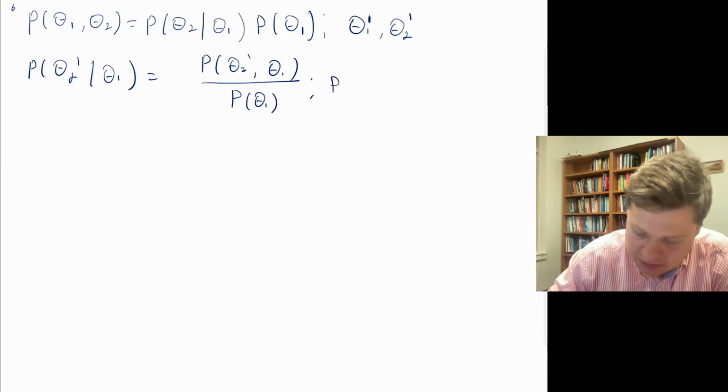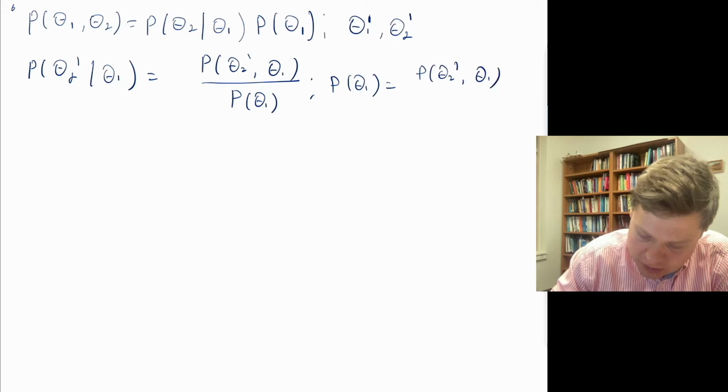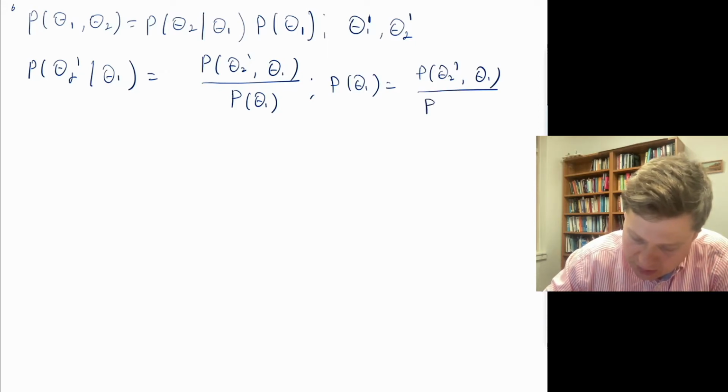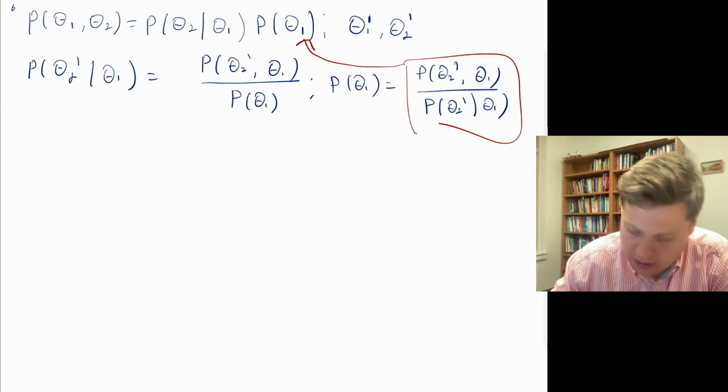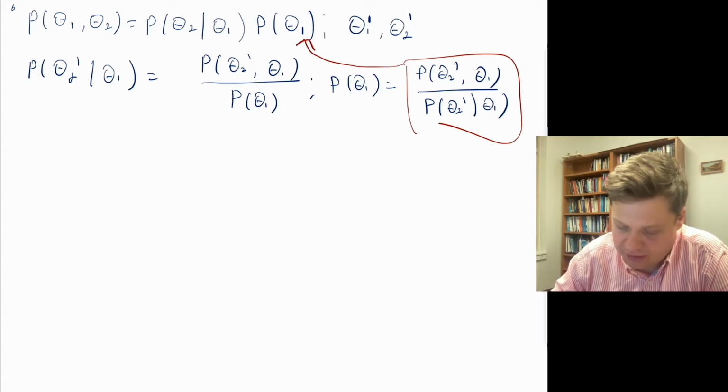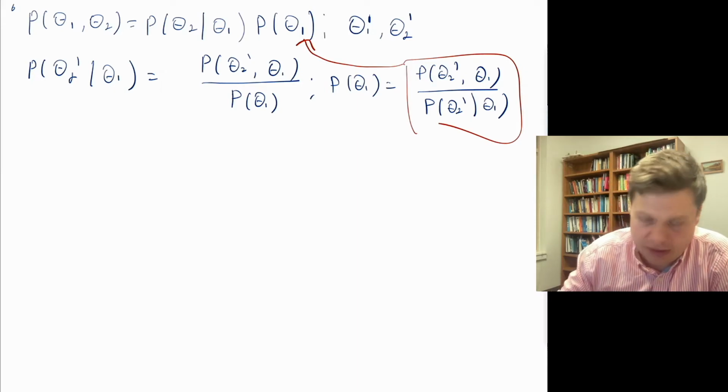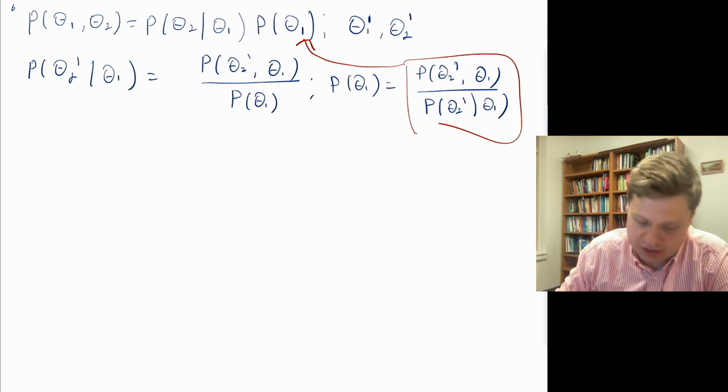So that basically tells us that P of theta 1 is just the ratio of the joint of theta 2 prime and theta 1 divided by P of theta 2 prime given theta 1. And what you can do is take this one and just plug it in here. So essentially the goal is to write everything as conditionals, so we can demonstrate the Gibbs sampler, and in the Gibbs sampler everything is just conditional.